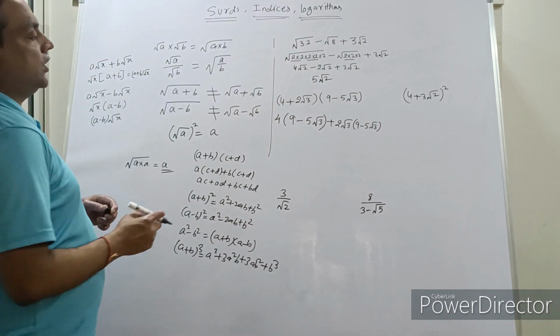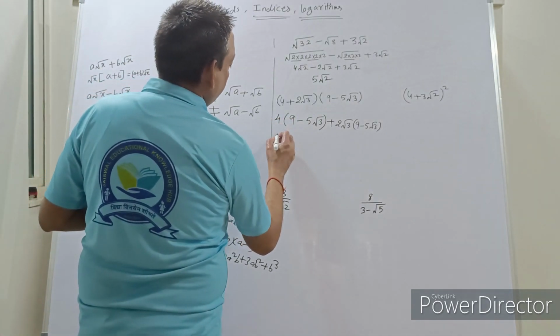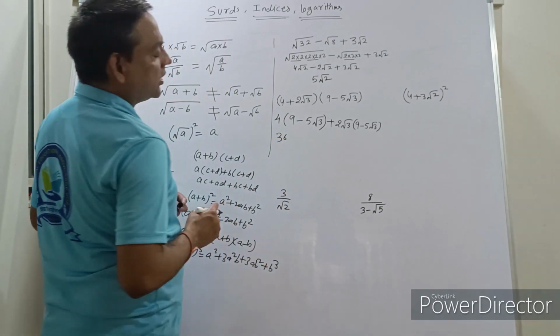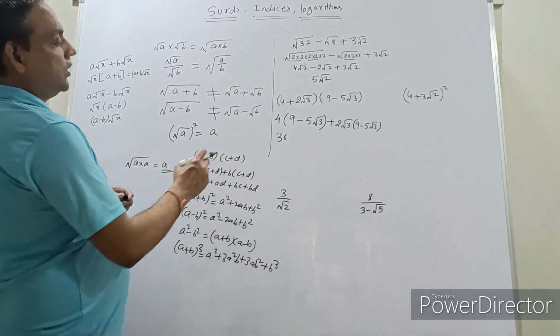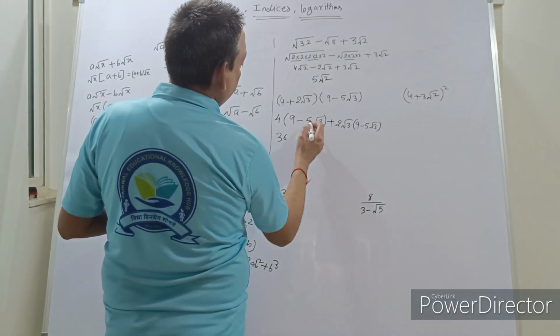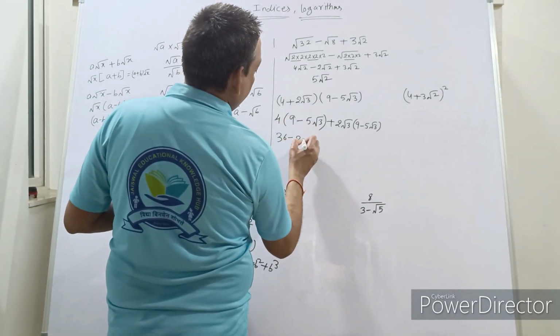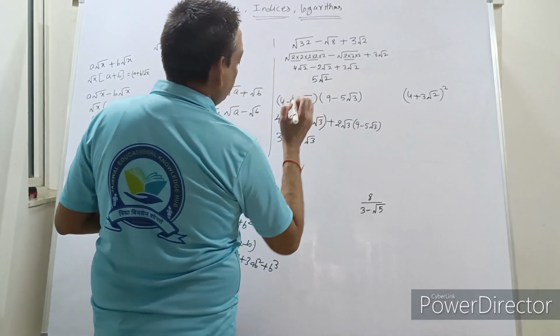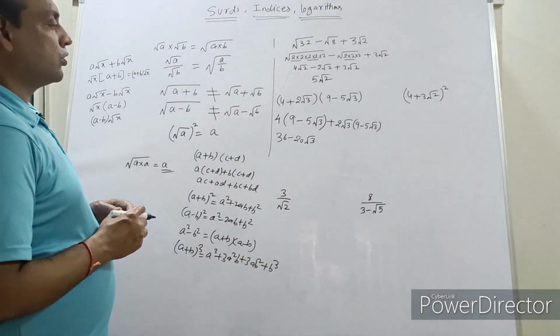Now multiply, so 4 nines are 36. Now 4 into minus 5, minus 20 root 3.